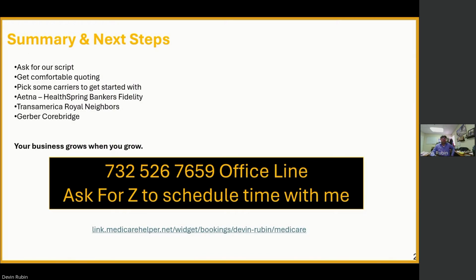And so get comfortable with the script, get comfortable with how to quote, right? Pick some carriers to get started with. You probably already have Aetna and HealthSpring or Aflac or Mutual of Omaha or Bankers Fidelity. You can start quoting with them right away, right?